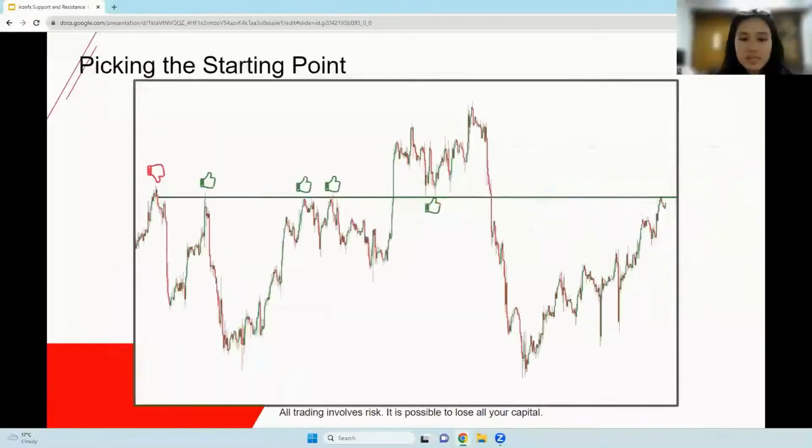Some more examples over here. You can see this red thumb is what we want to avoid because it's cutting too many bodies of the candlesticks. These green thumbs are what you typically want to look out for, where you are just cutting the wicks of the candlesticks.